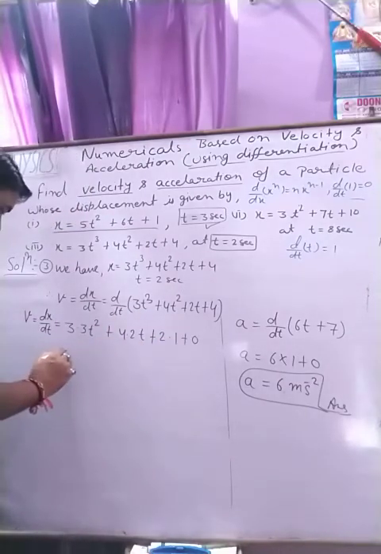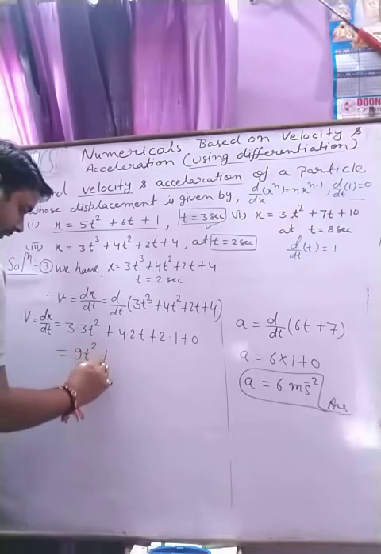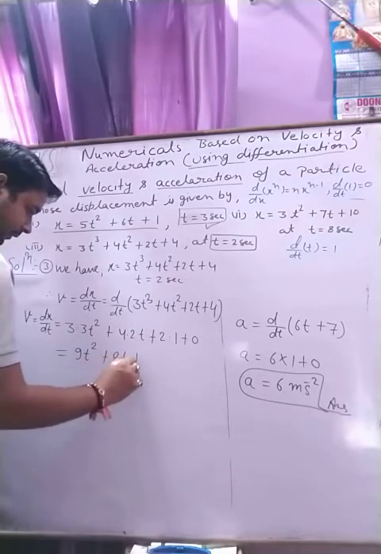On calculating it, we get 9t square plus 8t plus 2.